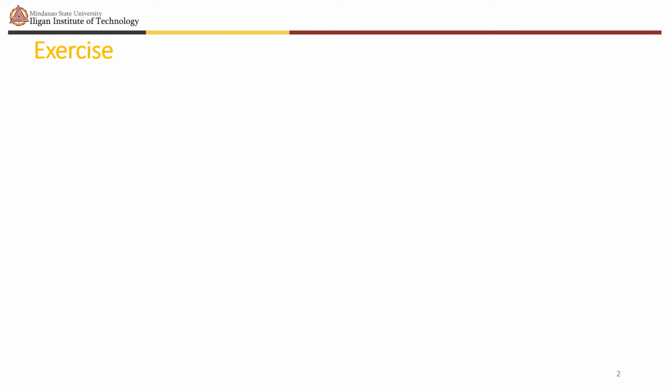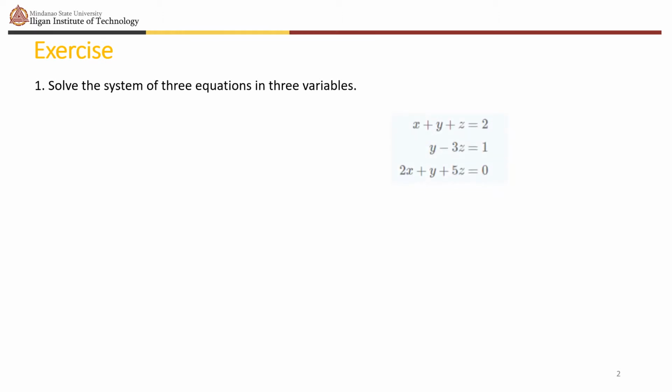There were two numbers posted as exercise in Lecture 6. The first number is to solve the system of three equations in three variables given by x plus y plus z is equal to 2, y minus 3z is equal to 1, 2x plus y plus 5z is equal to 0. It was posted that there is no solution for this set of three equations.